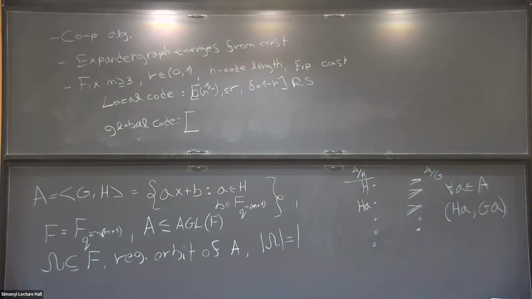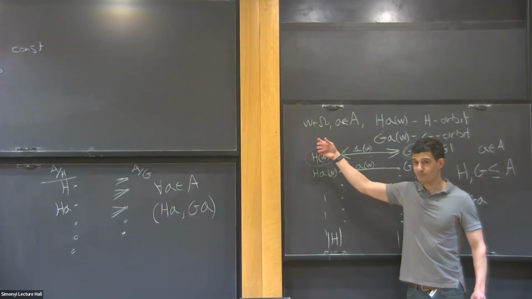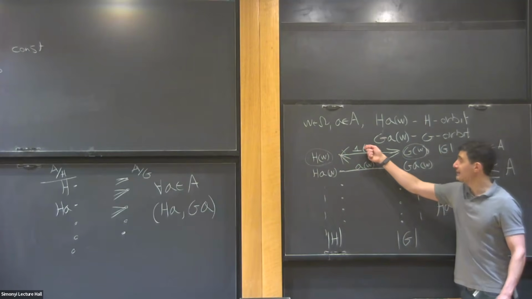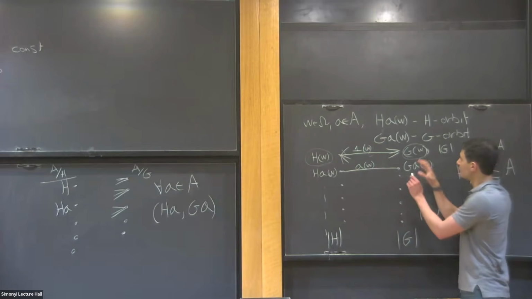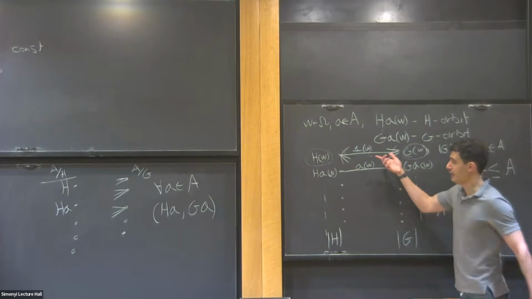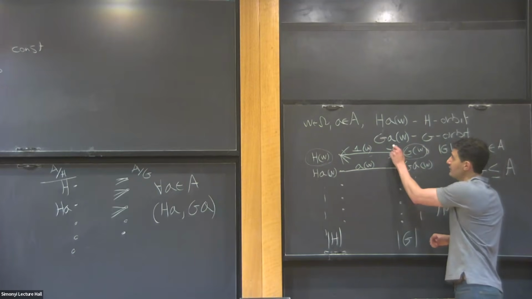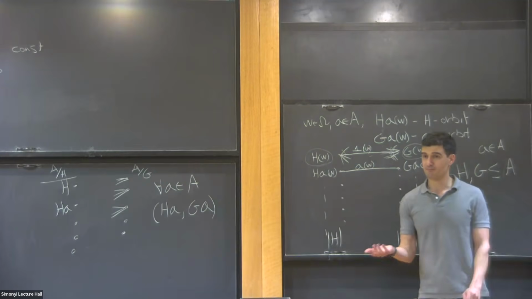Now, what is the code? As you can see, in this graph, each edge is labeled by an element from omega. We're evaluating the labels on the edges, and we know that the restriction to an orbit is a low degree polynomial. So what we see here on these edges is a codeword of Reed-Solomon code.